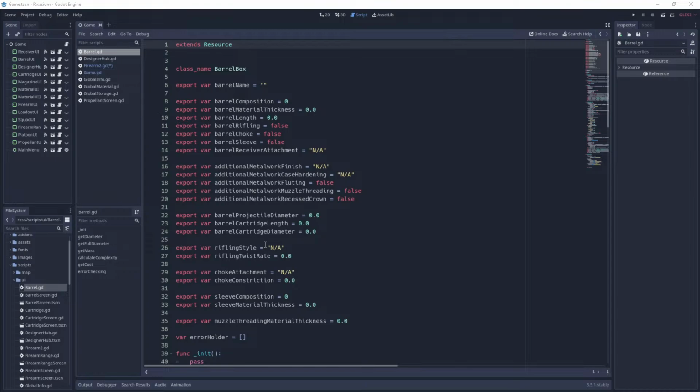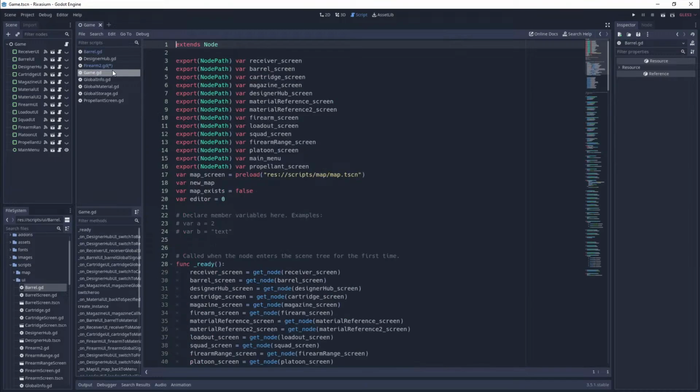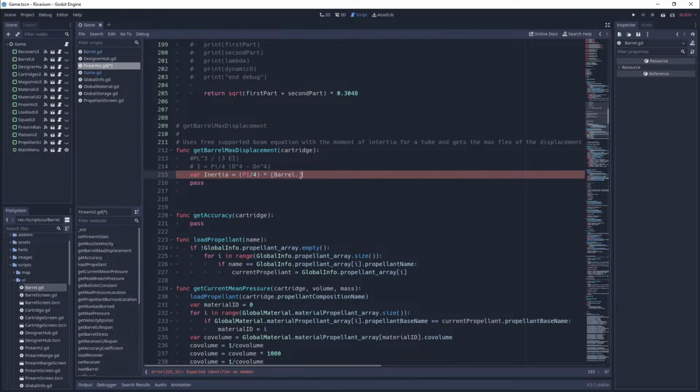So again, sorry guys, but sleeves aren't going to work here. Barrel dot current barrel or barrel material thickness.